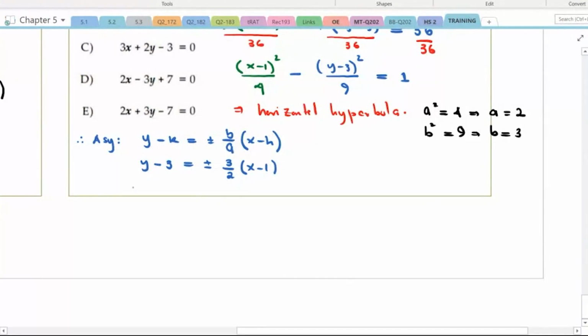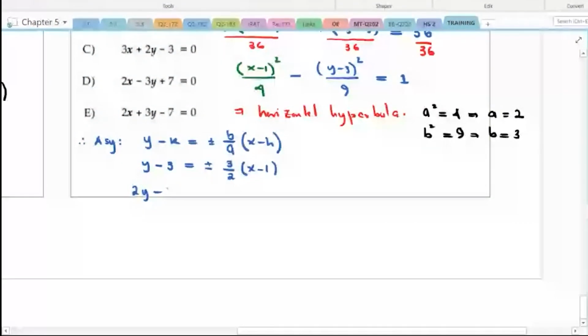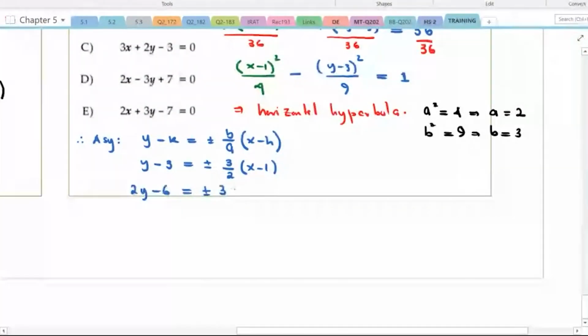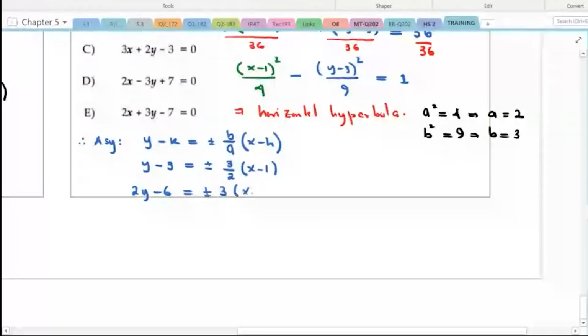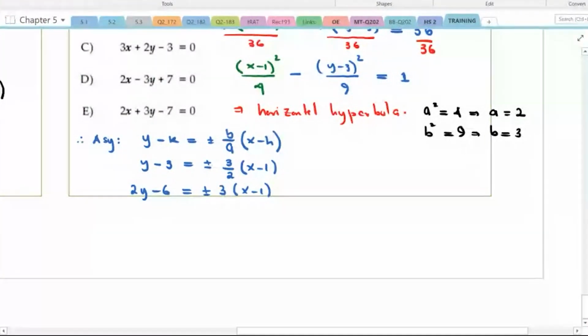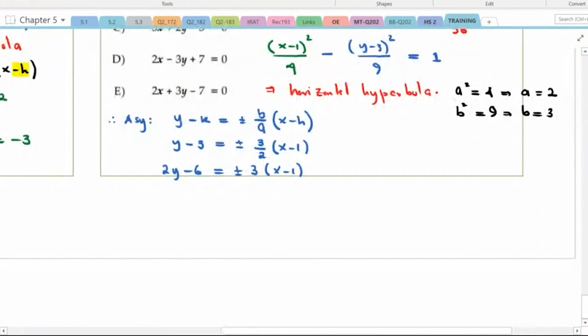So we can say here we have 2y minus 6 is equal to plus or minus 3 into (x minus 1). So gentlemen, let us find the two asymptotes, the positive and the negative one, the one with positive slope and the one with negative slope. Let's say the positive slope first.